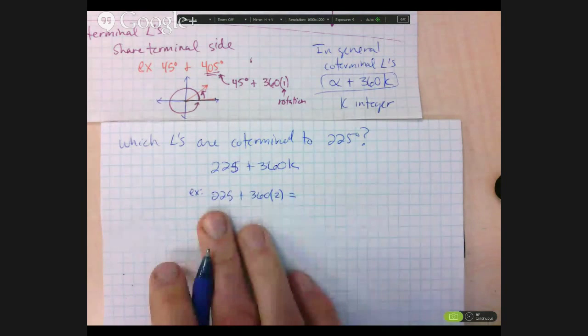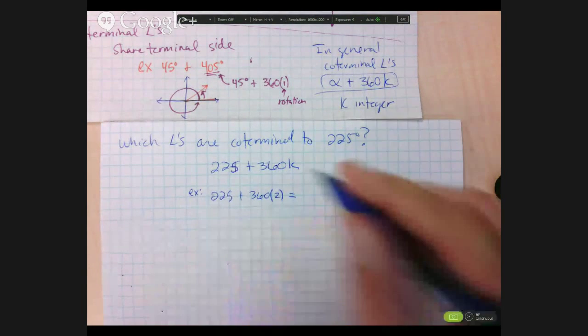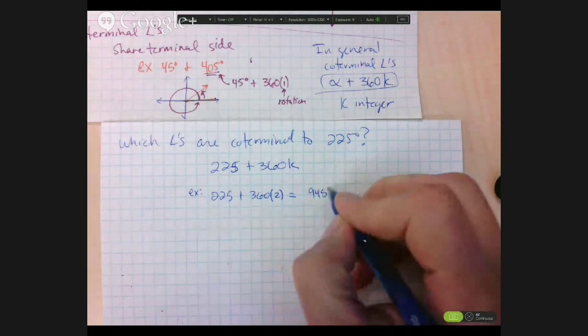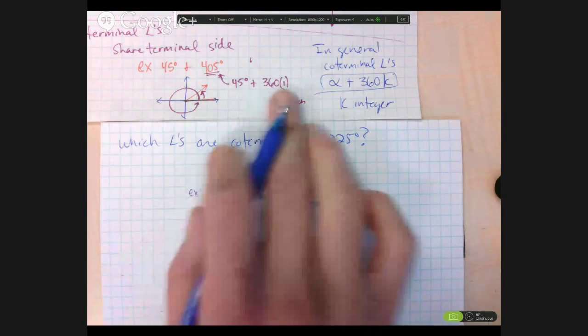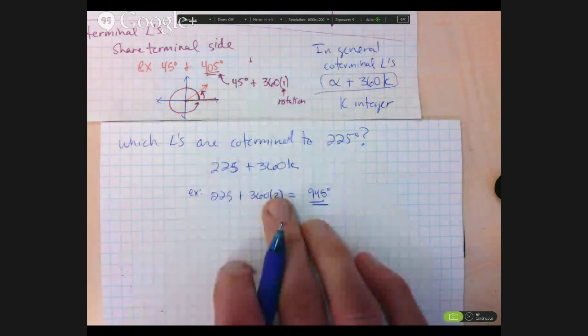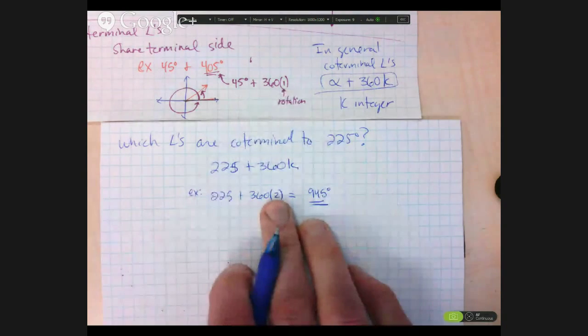720 plus 225 is 945 degrees. That's a coterminal angle to 225. Any integer that you plug in for k. Mine was on 1, but why is it 1? It was 1 in this example. I could plug a 1 in here too. That would be another coterminal angle.